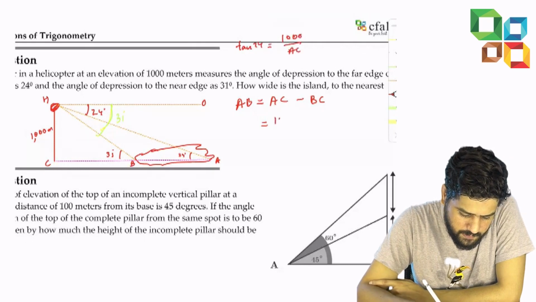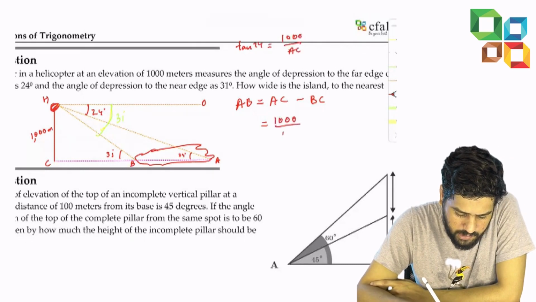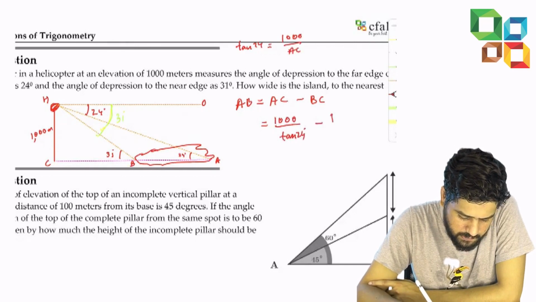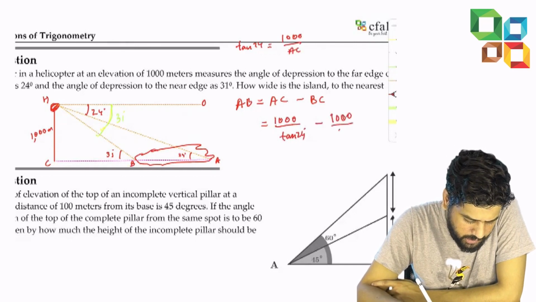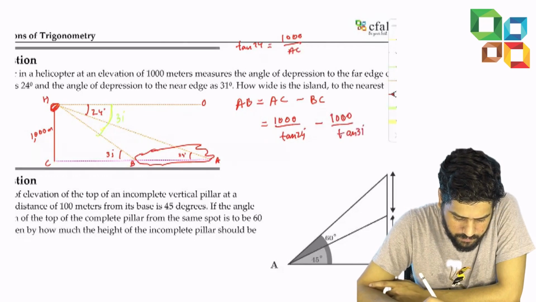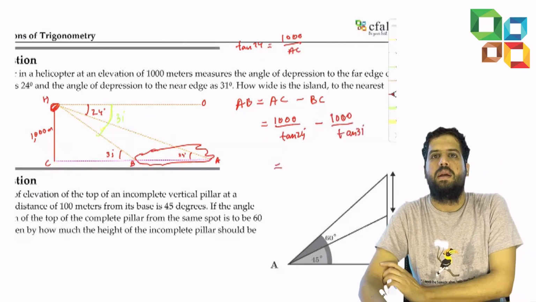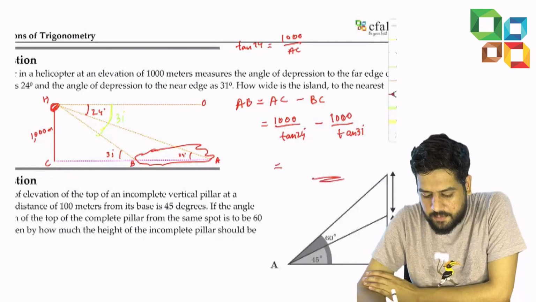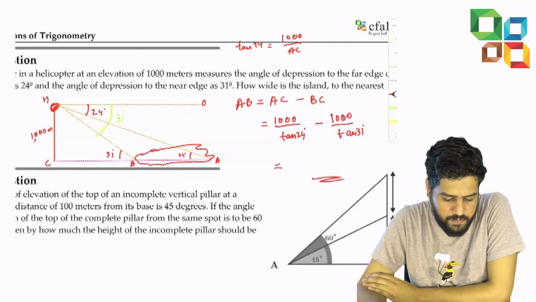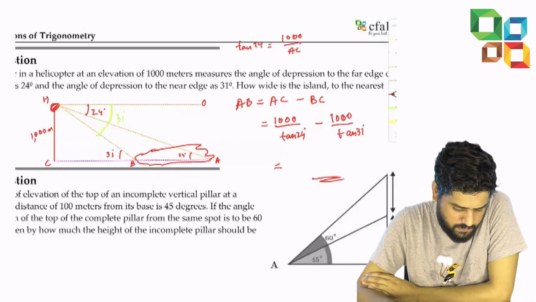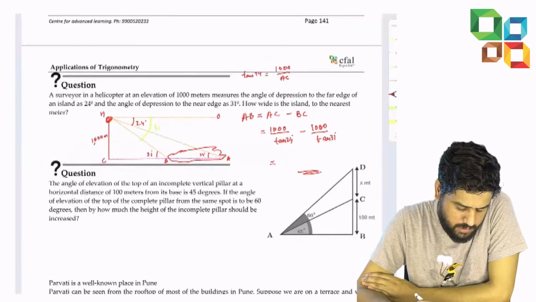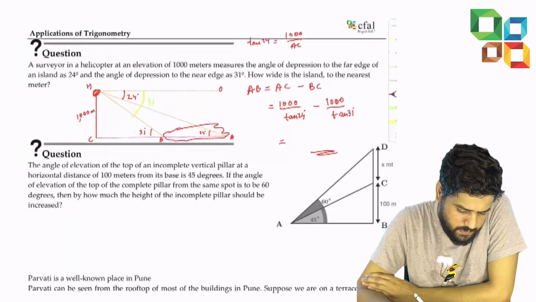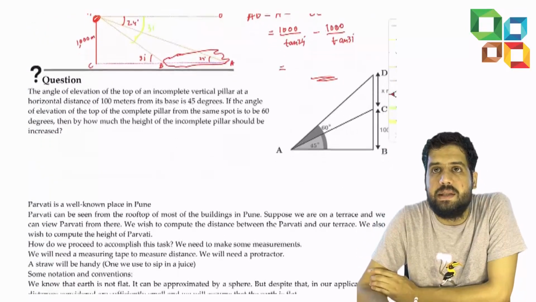So AC will be 1000 upon tan 24. Similarly, BC will be 1000 upon tan 31. Then you can put this in your calculator and whatever you find will be the answer. Right. Any doubts with this? Anyone?